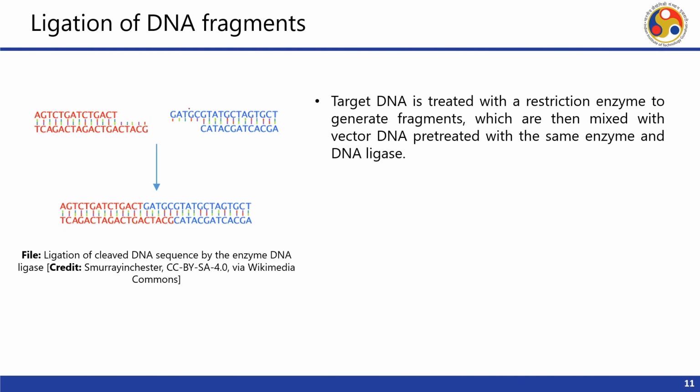Here, due to complementarity of these two ends, they will pair with one another, and then the two molecules will be joined by DNA ligase. DNA ligase covalently joins the DNA fragments and vector DNA through 3' to 5' phosphodiester bonds.